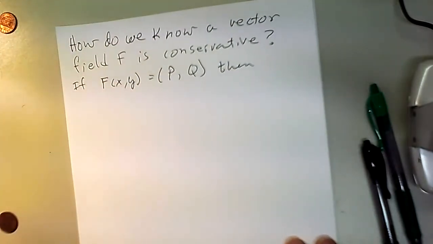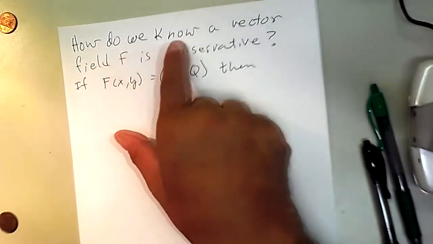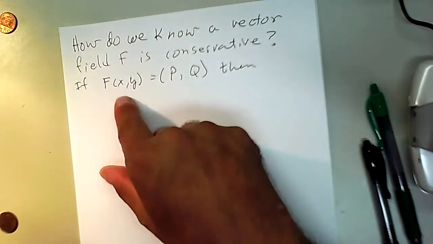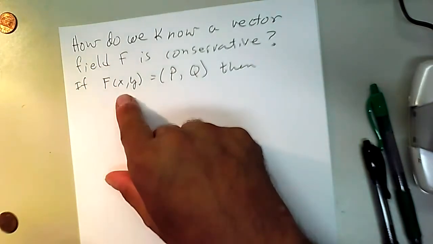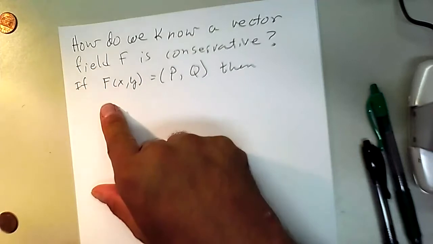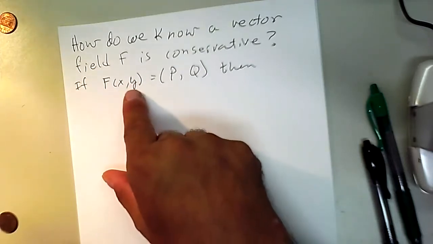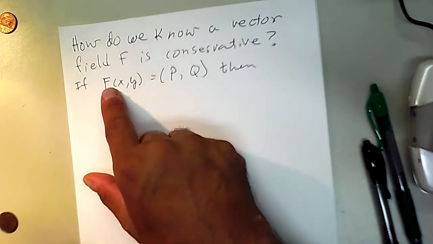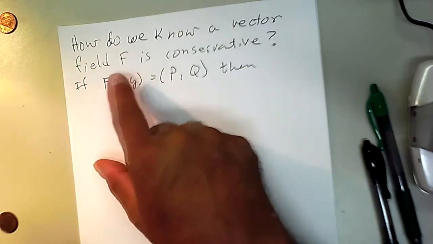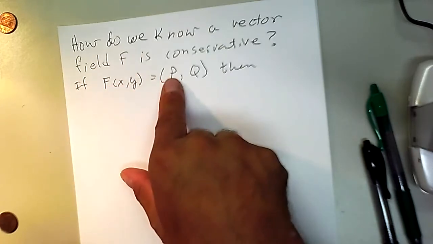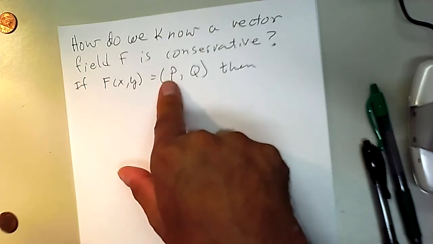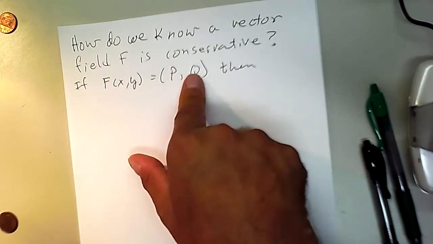So one question that we can ask ourselves is, how do we know a vector field is conservative? In other words, whether it has or doesn't have an anti-gradient. Instead of antiderivative, I'm calling it anti-gradient. Well, if there's an anti-gradient, that means that there's another function, little f, for which P would be the derivative of f with respect to x, and Q would be the derivative of f with respect to y.